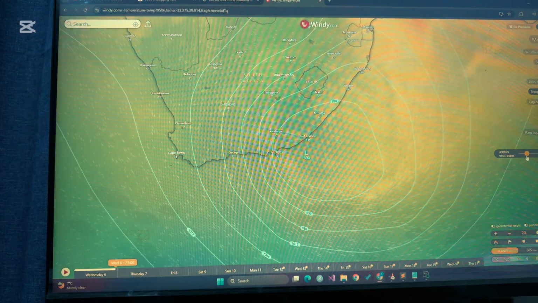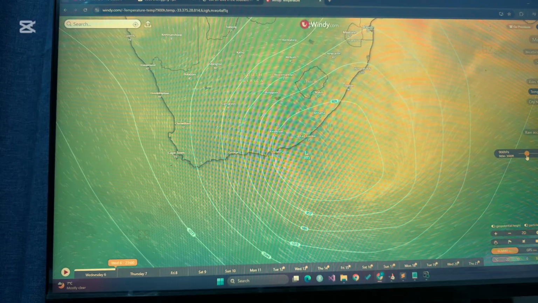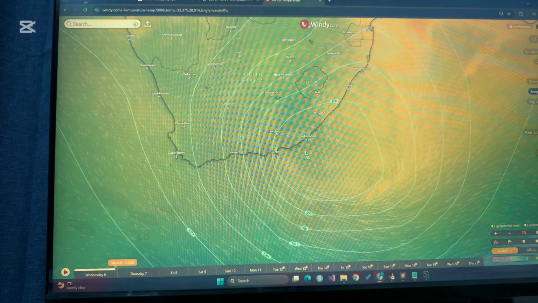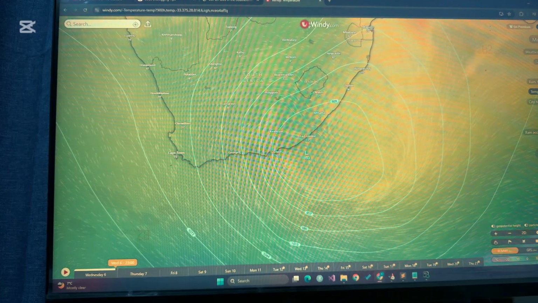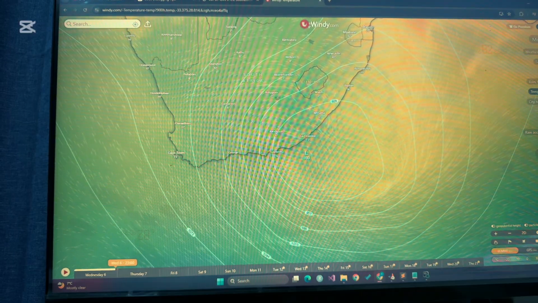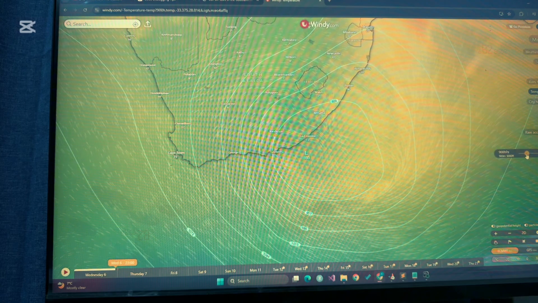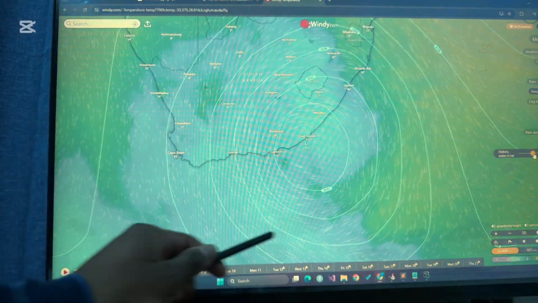So there's a good correlation between the vertical extent of a cutoff flow, or the depth to which a cutoff flow exists, and the intensity associated with it, such that the deeper a cutoff flow extends to the surface, the more intense it is. So that explains why it has been so cold and so rainy for these past couple of days. It is because of this bad boy over here.